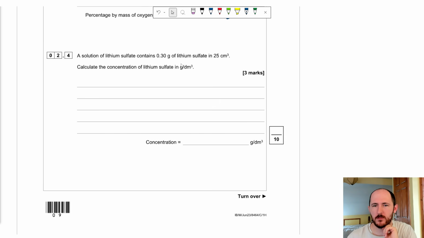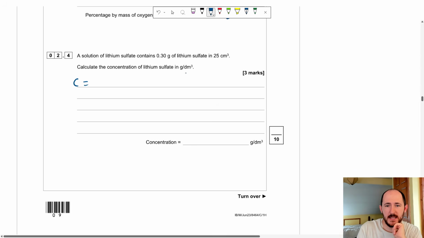And again, one more calculation. This time it's a unit conversion. A solution contains 0.3 grams of lithium sulfate in 25 centimeters cubed, but they want the concentration in grams per decimeter cubed. Now, concentration normally is just the mass over volume, so it is just going to be 0.3 divided by 25, but they've said they want it in decimeters cubed.